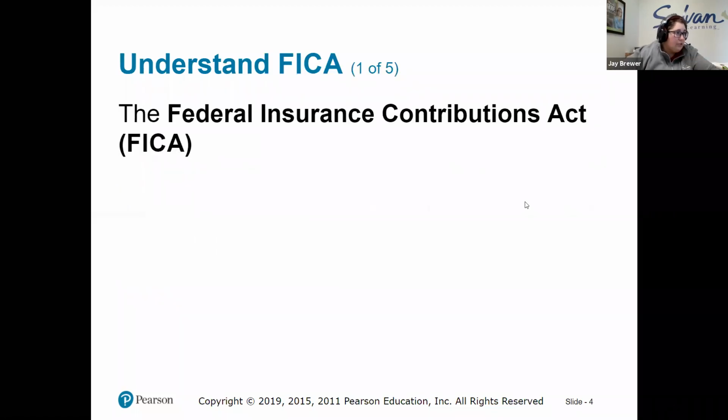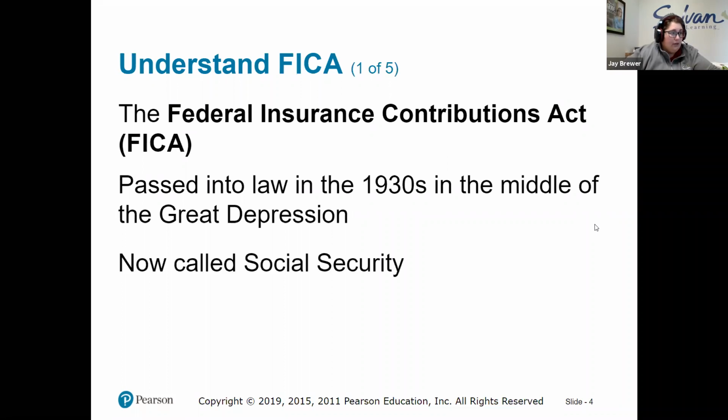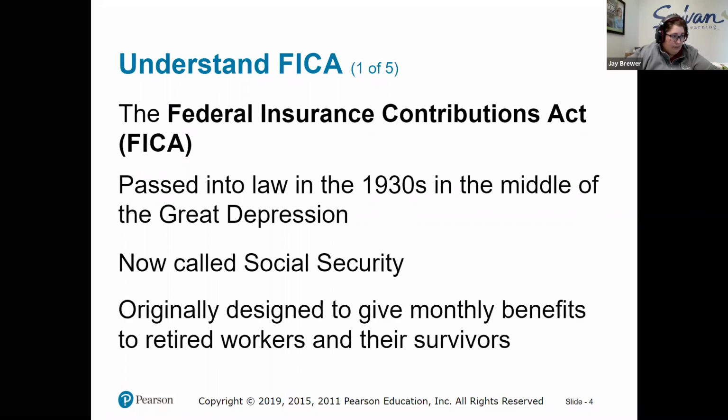All right. So the Federal Insurance Contributions Act. It was passed into law in the 1930s in the middle of the Great Depression. It is now called Social Security, and originally designed to give monthly benefits to retired workers and their survivors.